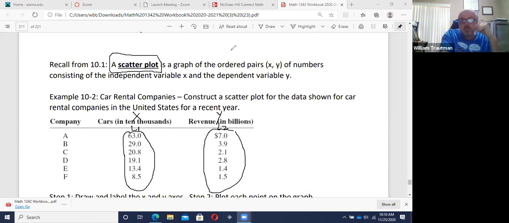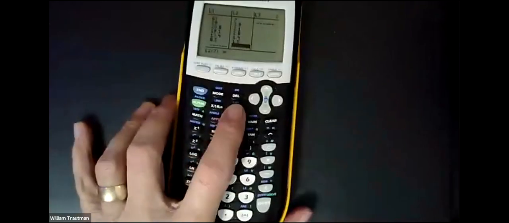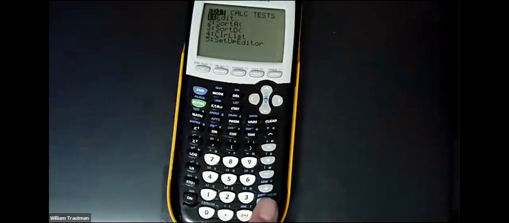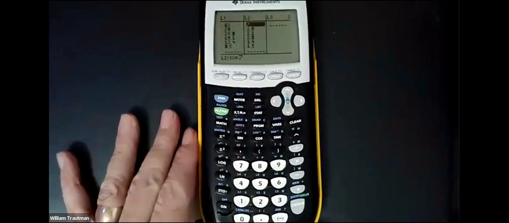I think I'll go to my calculator now. And I typed, oh, don't forget to type it in. You hit stat number 1, edit, and typed all my data into L1 and L2.